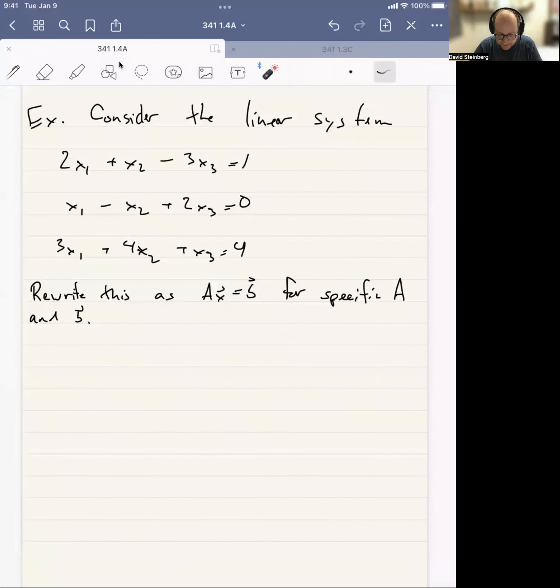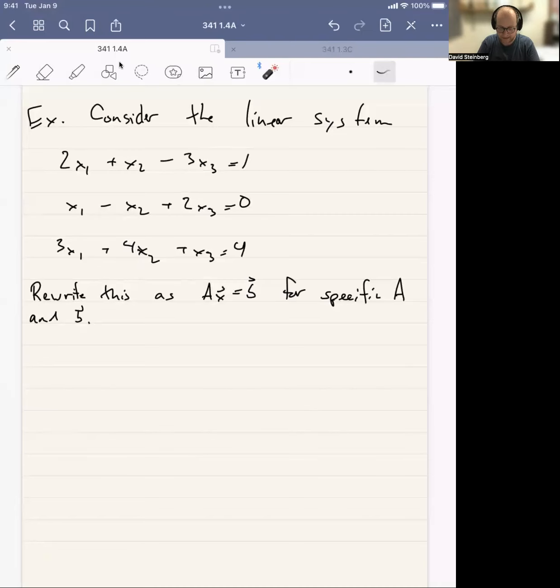If we want to consider the following linear system, yeah, great to remind ourselves that everything we're doing typically boils down to linear systems of linear equations, same thing. We want to write this as a matrix equation for some specific matrix A and specific vector b. All right.